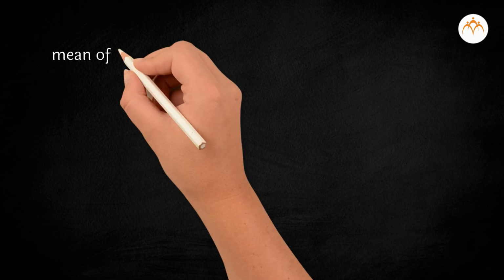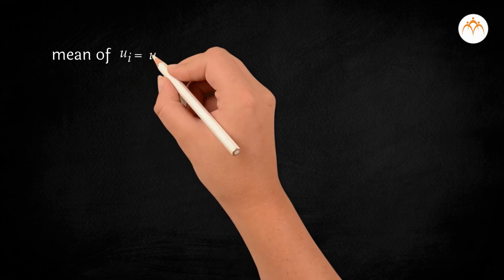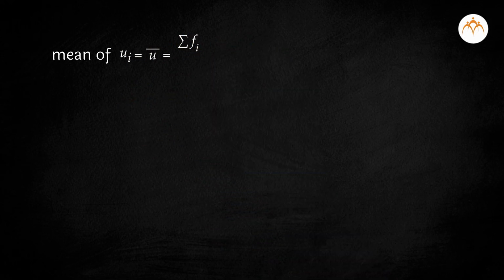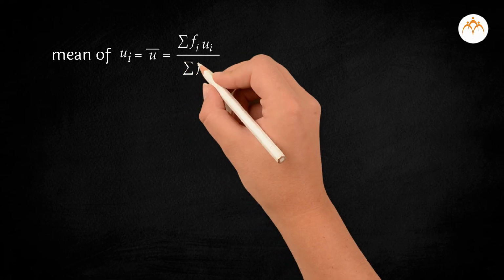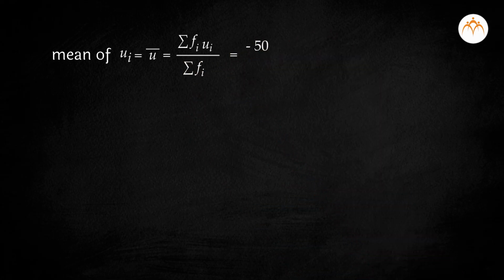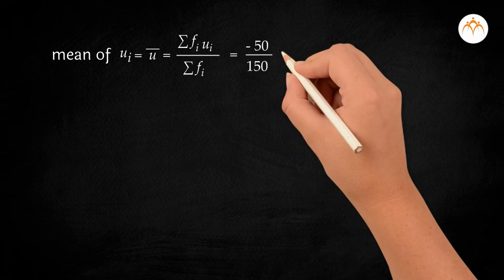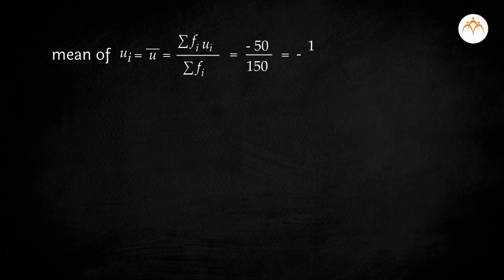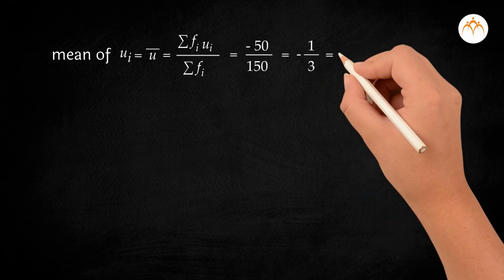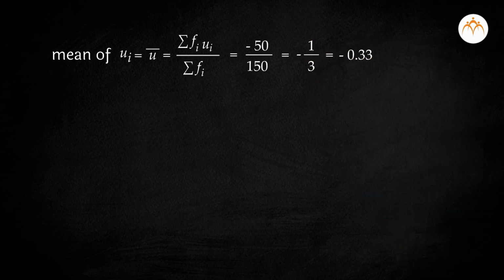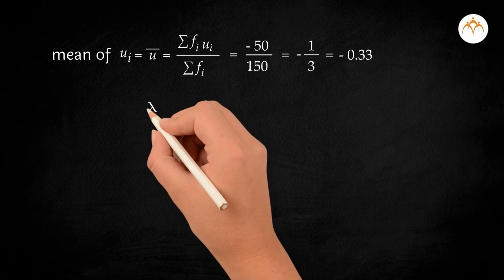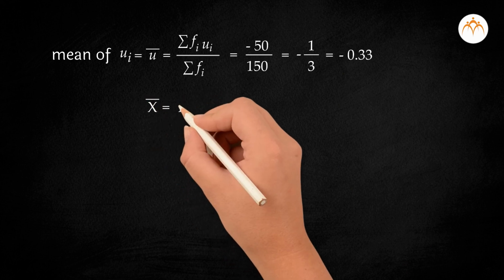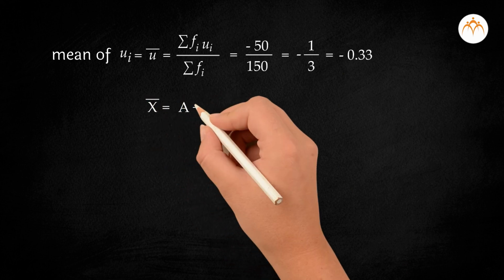The mean of ui is found by the following formula. u bar is equal to summation fiui divided by summation fi, equal to minus 50 divided by 150, equal to minus 1 upon 3, equal to minus 0.33. Fill in the values in the following formula. x bar is equal to A plus u bar g to find the mean.